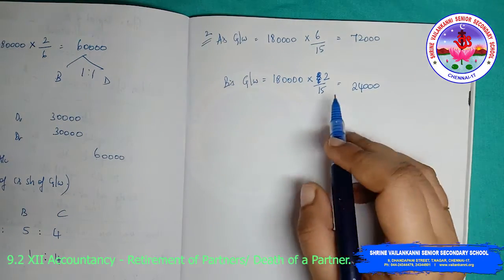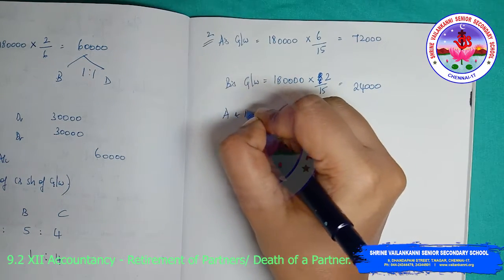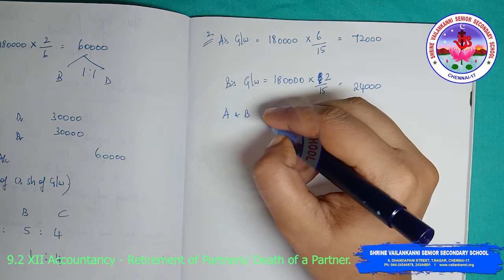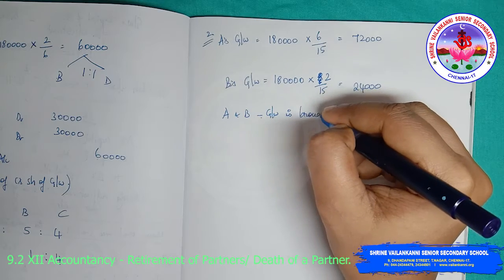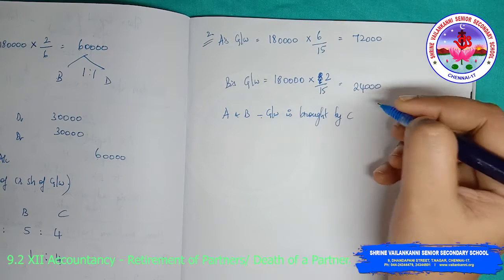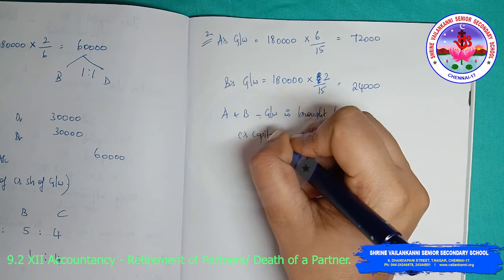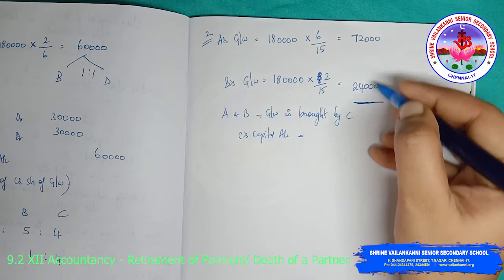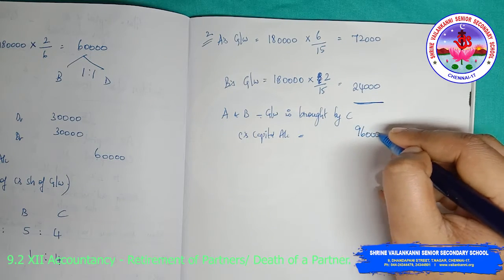Now since A's and B's goodwill is brought by C, C's capital account should be debited with the total 72,000 plus 24,000, which is 96,000.